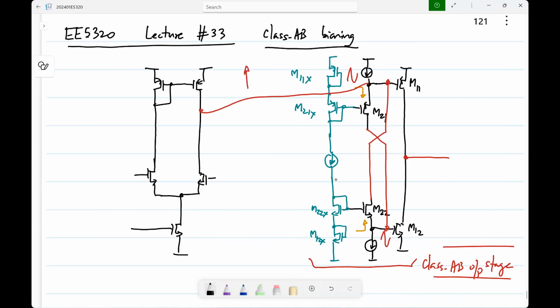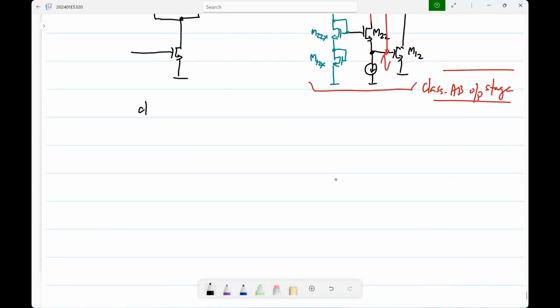Any questions on this or any aspect of the single stage op amp? Yes. Currents more than the bias current. Yeah. So in class A, what would happen is, M11 is biased at some VG11 and M12, its gate is biased at some VG12.